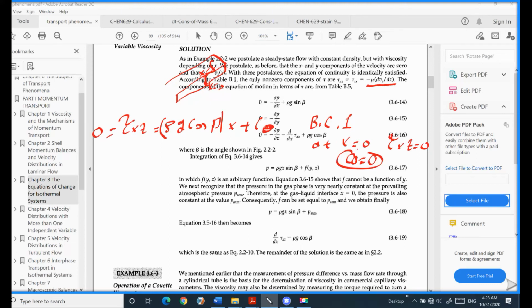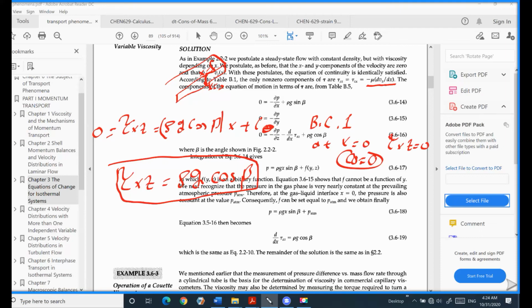Okay, coming from that one. So what's going to be our solution from here? Then this tau xz is going to be equal to rho g cosine beta x. This is our result from here.